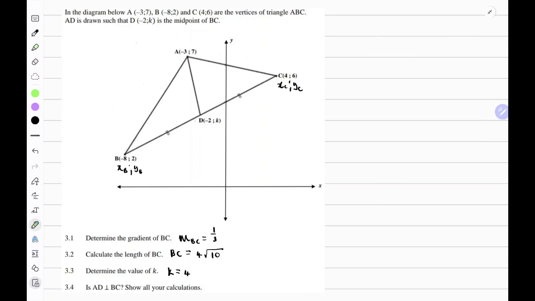For the last question they say, is AD perpendicular to BC? Show all calculations. So they want us to show that AD is perpendicular to BC. In order to prove that those two line segments are perpendicular, we need to apply this important property.